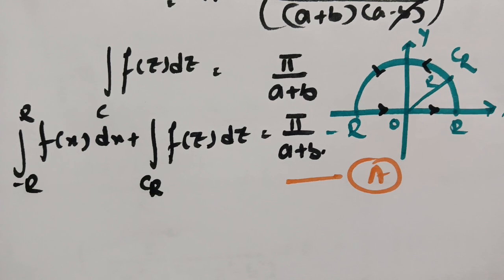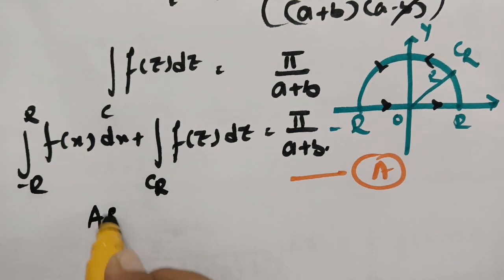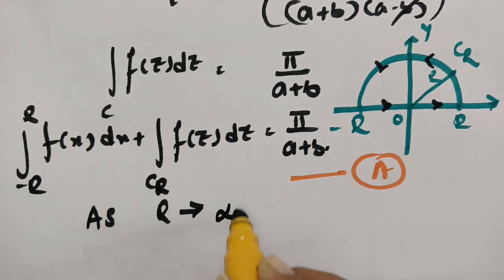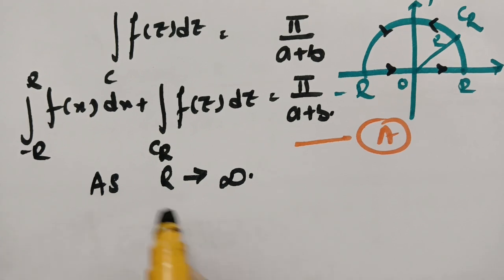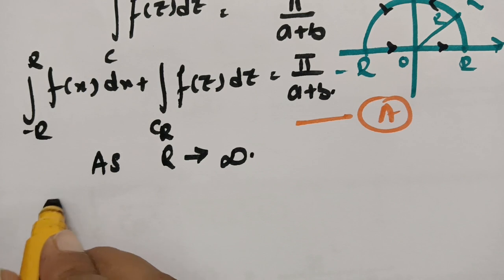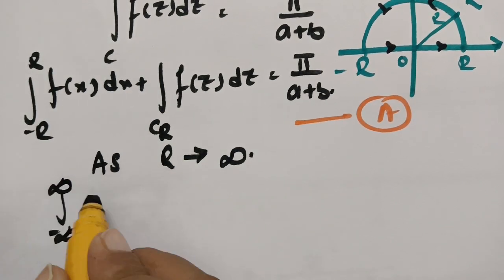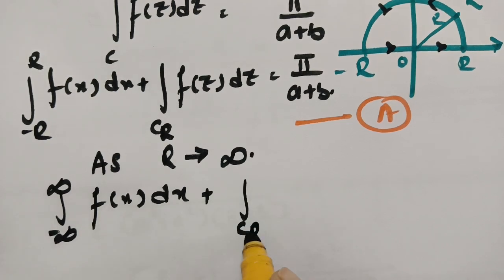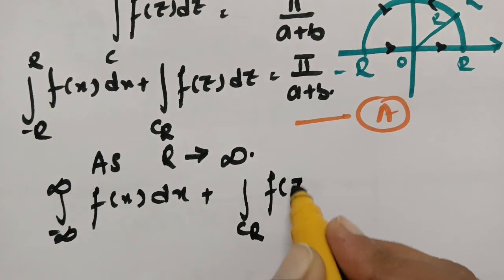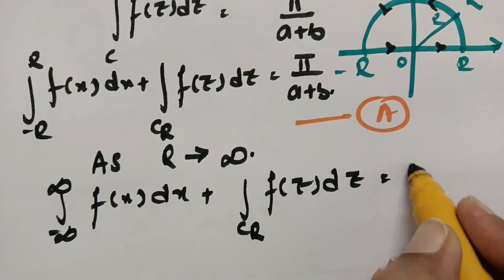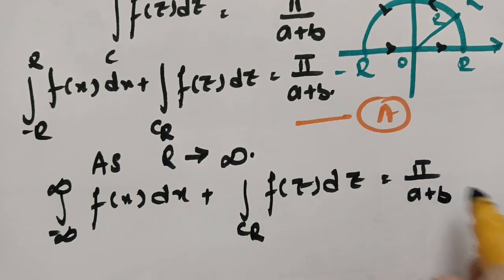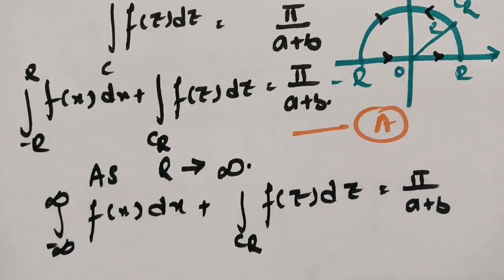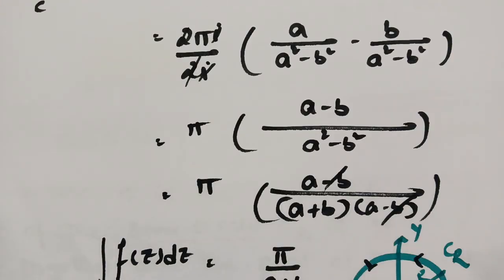This will be the integral from minus infinity to plus infinity of f(x) dx, plus the integral over Cr of f(z) dz, which is again π by (a + b). I'll show you what happens to this as r tends to infinity.